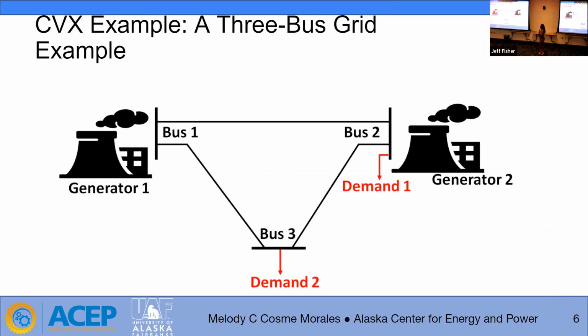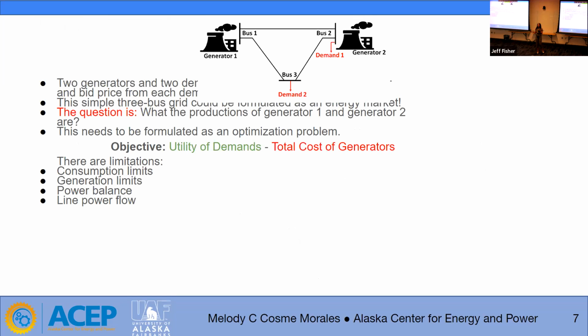Here we have a really basic problem. We have 3 boxes, 2 generators and 2 demands. This is a really common problem, and we are going to use it as a market problem. We want to know how much power each generator has to generate for an offer price and a bid price. So the question is, what is the production of generators 1 and 2?